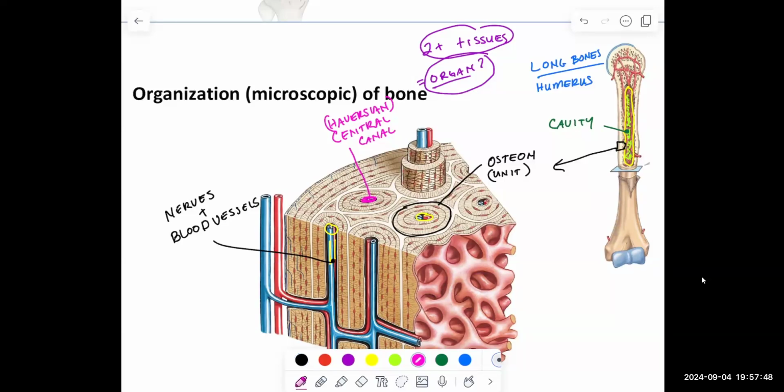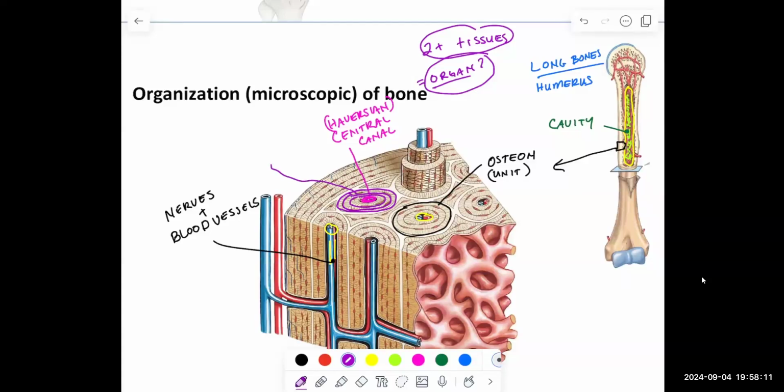We have three different types of lamella. Lamellae are these layers. So here's one layer of bone. Here's another layer of bone. And here's another layer of bone. So each layer is called a lamella.